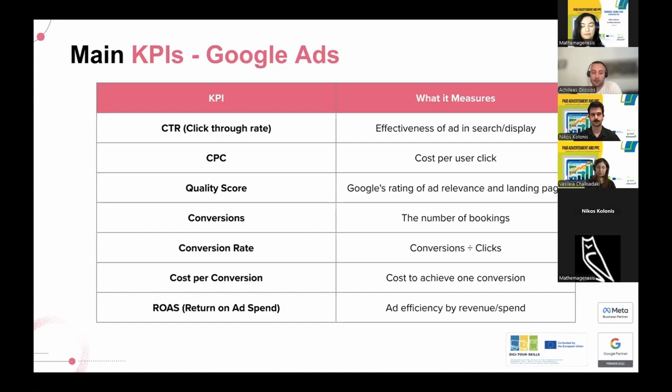So this means that our cost per conversion is 10 euros. And the return on ad spend, ROAS. This metric shows us how many euros we take back from the ad for every euro that we have spent. For example, if we have spent 1 euro and our booking value was 5 euros, this means that our ROAS was 5.